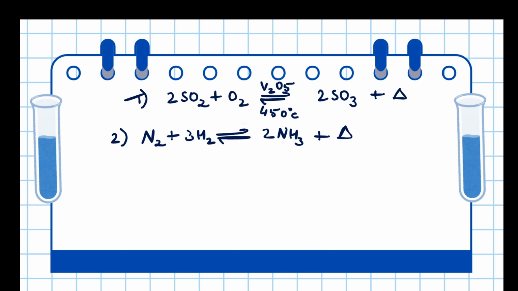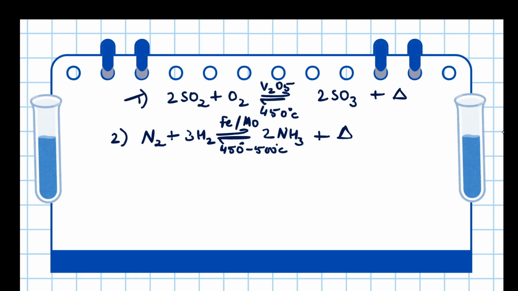Then what are the other things you need to remember? When nitrogen and hydrogen are reacting, what is the catalyst that is used? Iron. And the promoter used is molybdenum, and the temperature required is from 450 degrees Celsius to 500 degrees Celsius. So whenever you are writing these reactions, whatever conditions are mentioned, you need to learn all those conditions.